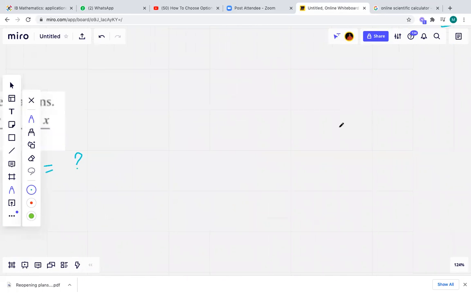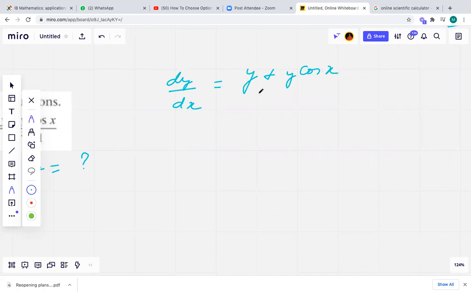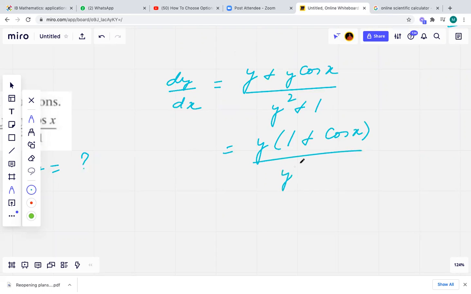So I will say this is equal to y into 1 plus cos x, dy by dx.